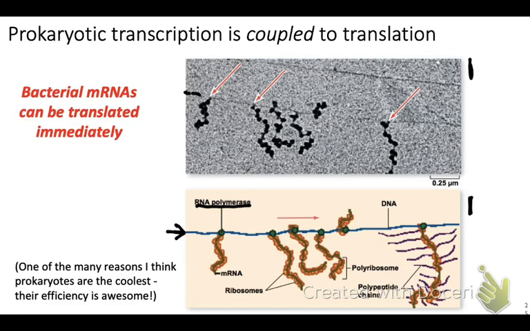And then before that mRNA is even finished, you have ribosomes, which are these orange blobs, that bind to the mRNA. As soon as they find a start codon, they start translating. So this is called a polyribosome, and that's what you can see in these figures here, these beads on a string type structures.